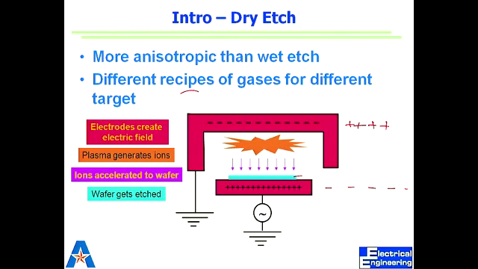So ions are accelerated to the wafer because the wafer is on the negative plate, and there are different gas recipes for different targets. The gas you use needs to be selective to the target. We will discuss in the next slides what parameters you need to keep in mind when deciding what gas to use.